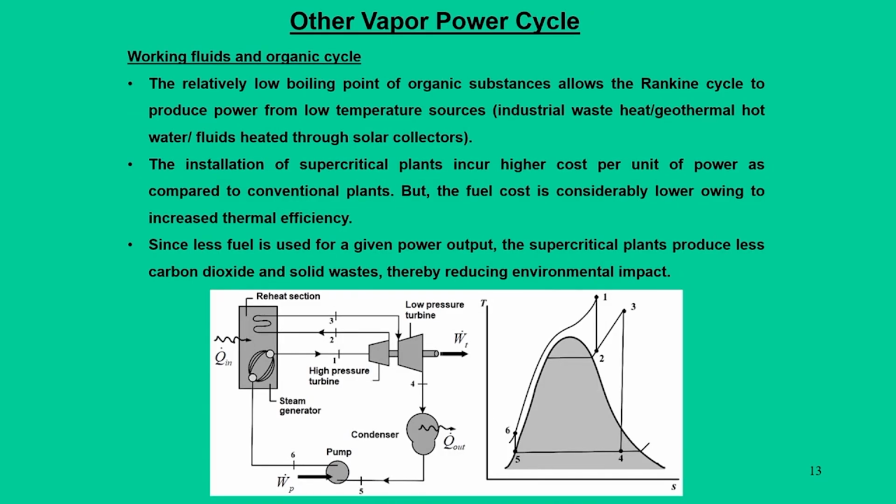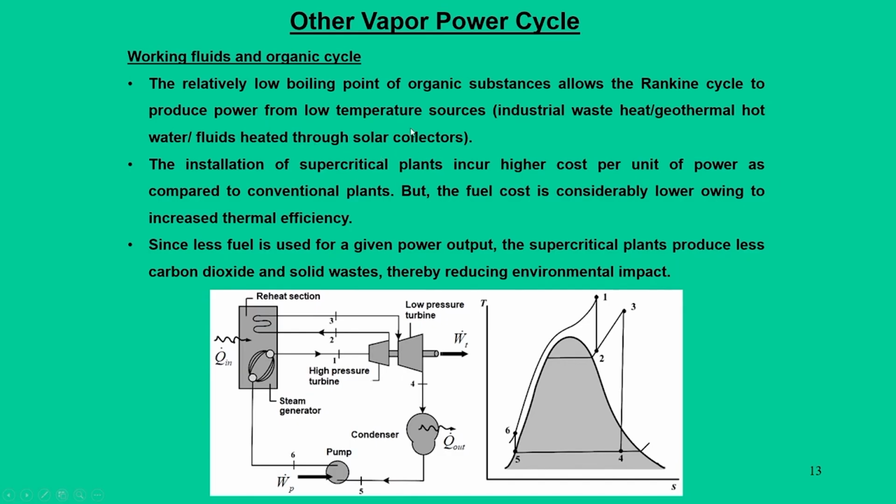And such cycles have many advantages, because they have a low boiling point, which allows this Rankine cycle to produce power even from low temperature sources such as industrial waste, geothermal hot water, and fluids heated through solar collectors.